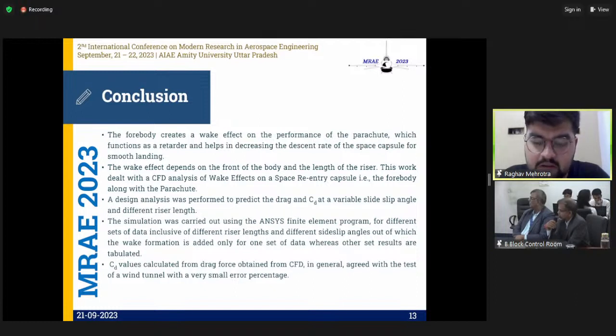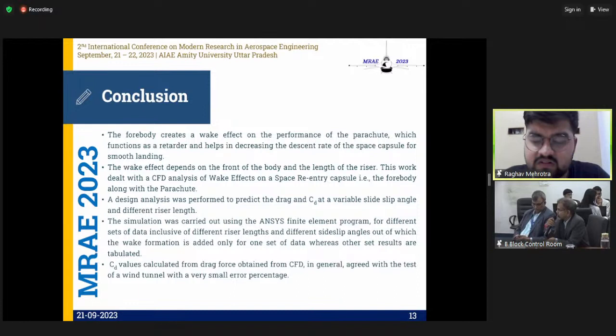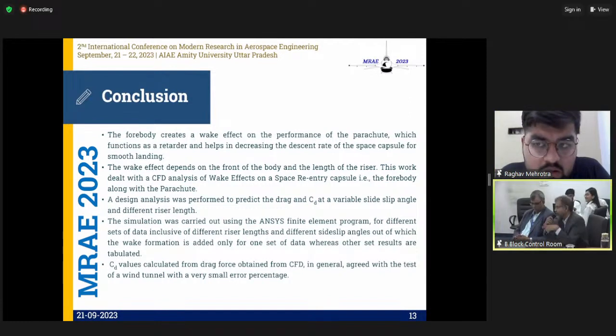Can you please repeat? If you are going to model the suspension line and riser line and the angle between these two. I'm just able to understand riser length and suspension length. If you are considering both in a straight line, I'm just thinking whether they are going to give some angle between these two lines. This could be motion.